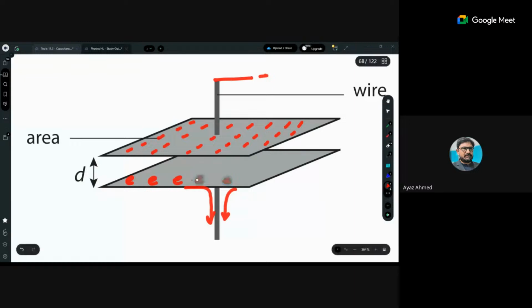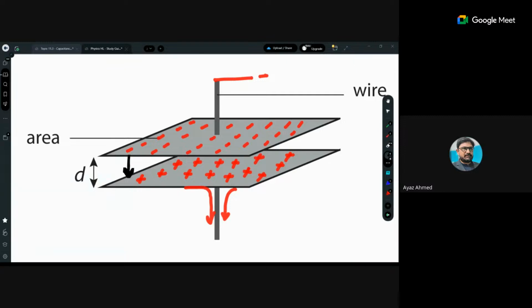As a result, some positive charges appear over here. So this makes it clear that the energy is stored due to repulsion of these charges, to push these charges from one plate to another plate.